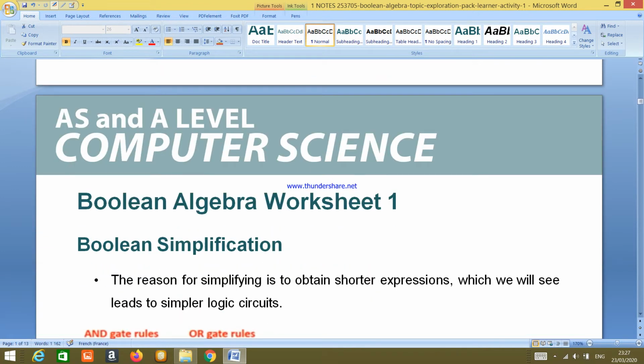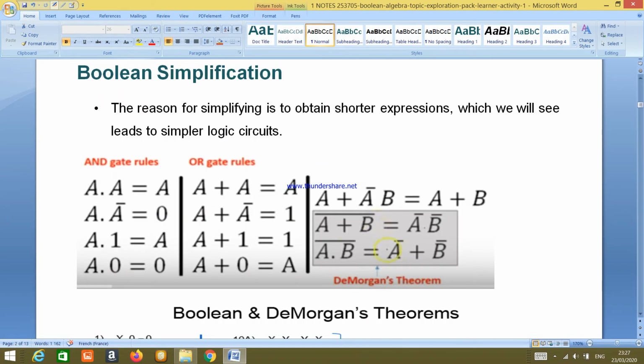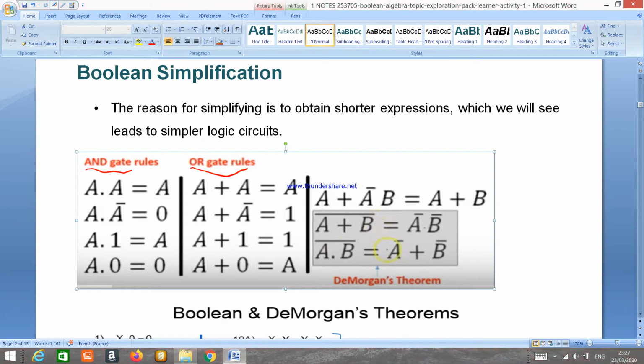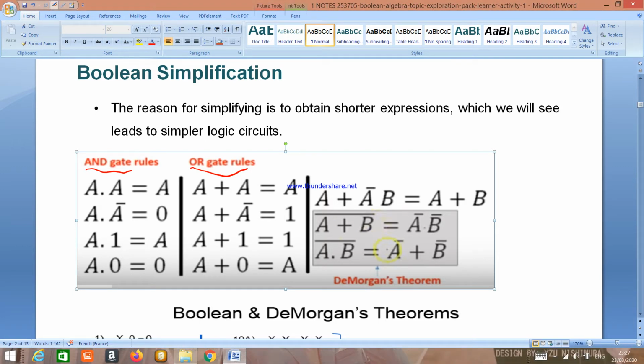Now let's look at these identities, the rules. You have to know the AND rules and the OR rules. The AND rules are: A multiplied by A is A, A multiplied by A dash is 0, A multiplied by 1 is A, A multiplied by 0 is 0.